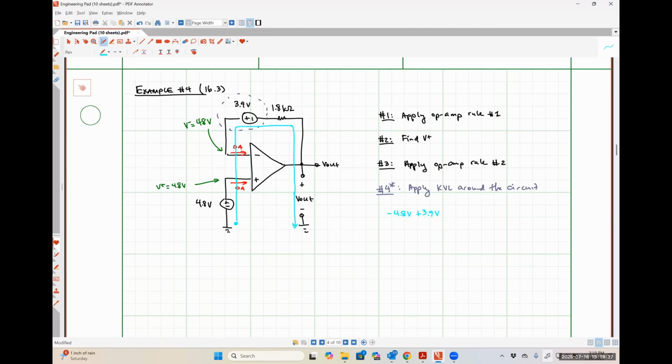So no voltage drop across the 1.8 kilo ohm resistor, which means we just have plus V out is equal to 0. And now we're back to step 5. Solve for V out, which in this case is 4.8 volts minus 3.9 volts, which is 0.9 volts.